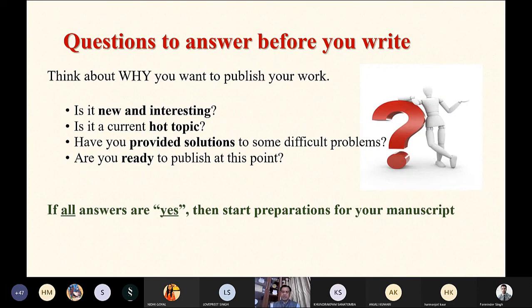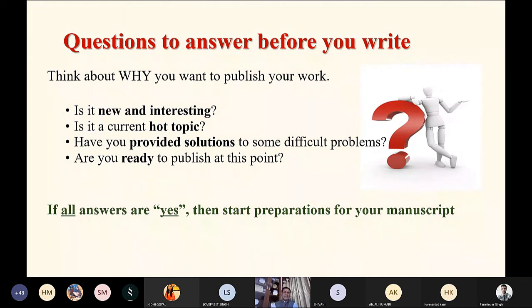Is the topic you have taken a hot topic? Will it provide solutions to the different problems? If you have a yes answer to all these questions, I would suggest you go ahead and proceed to get your paper published.